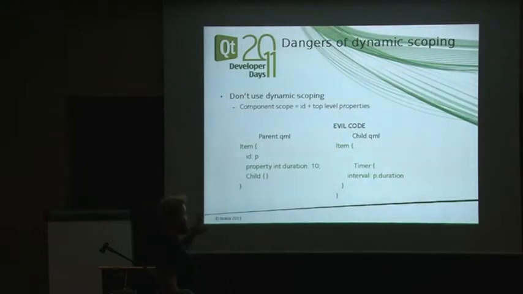This code is very evil, and if you write such a code, you are evil. But sometimes it happens that even if you're not evil, you end up with that code, and that happens to everybody. You write a QML component, and you add functionality, and eventually you realize, okay, now it has a few hundred lines of code.